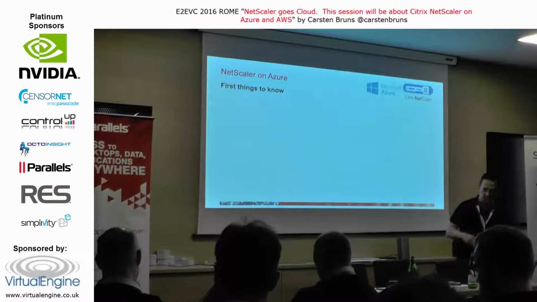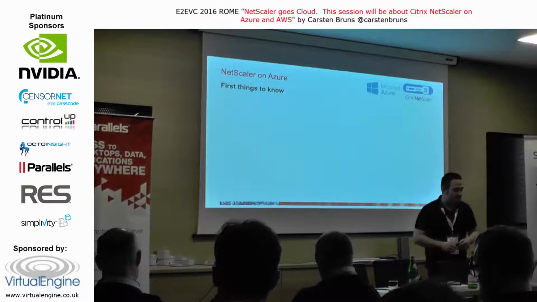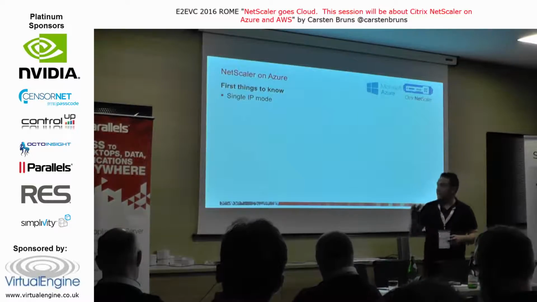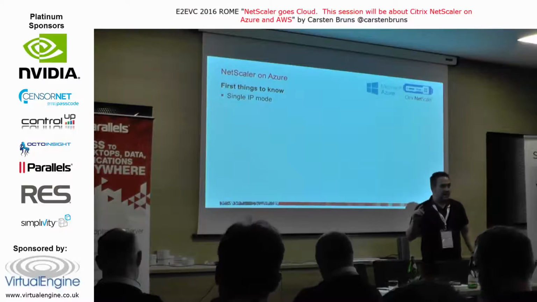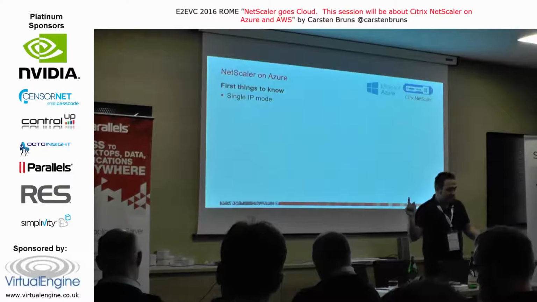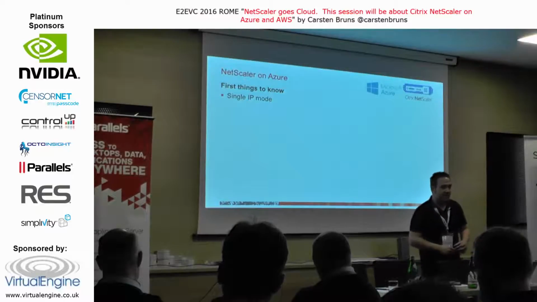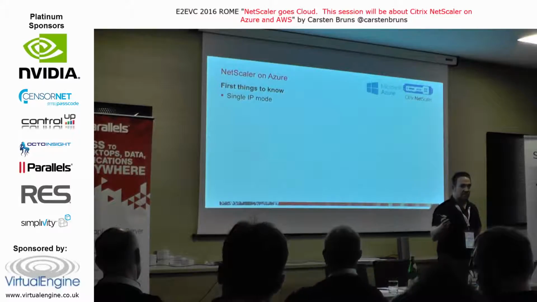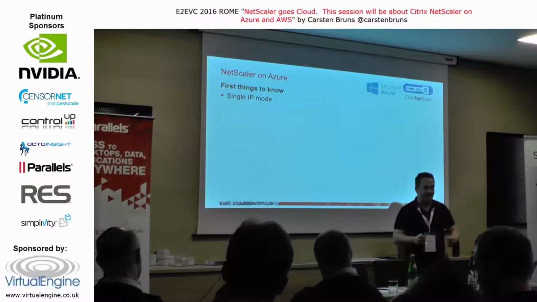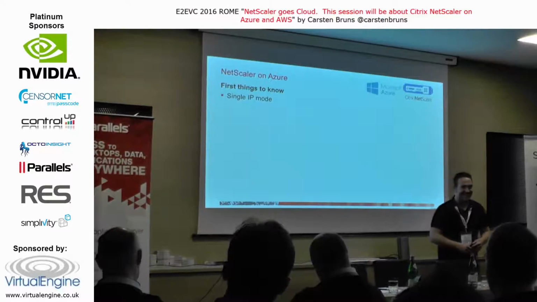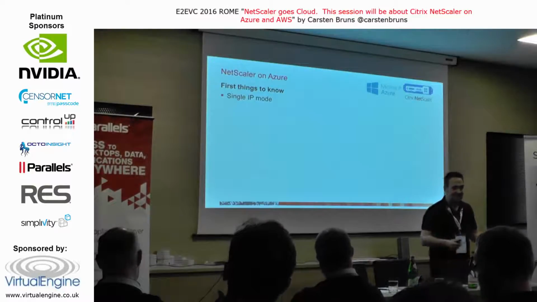So let's start with some interesting stuff. Let's start with NetScaler on Azure. First thing you should know, NetScaler on Azure is running in a single IP mode. Does anybody know what it is? Come on, wake up! So nobody knows.